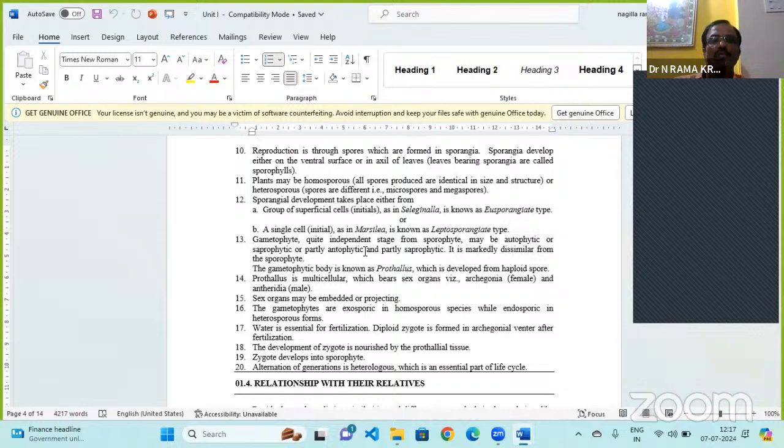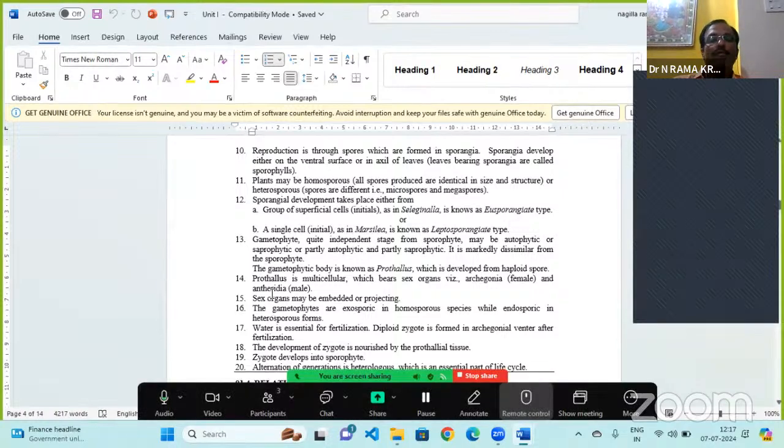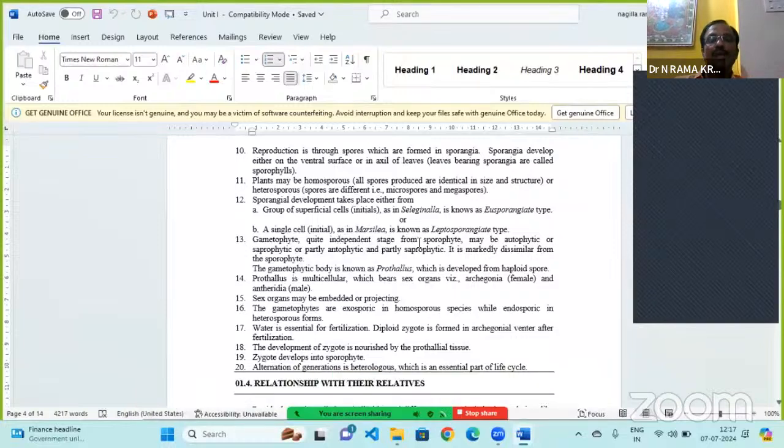Now see, the gametophyte is a quite independent stage from the sporophyte, maybe autotrophic or saprophytic, partially autotrophic and partially saprophytic. It is markedly dissimilar from the sporophyte.